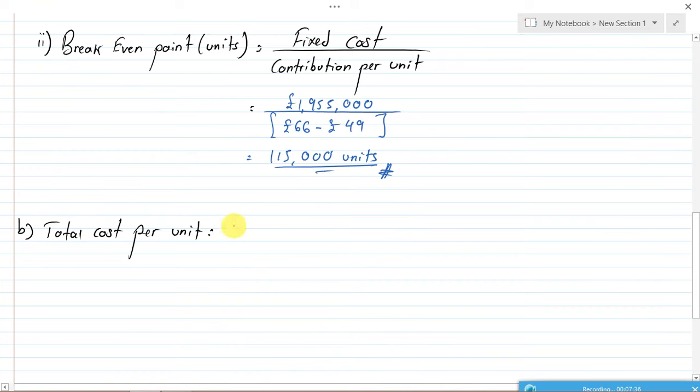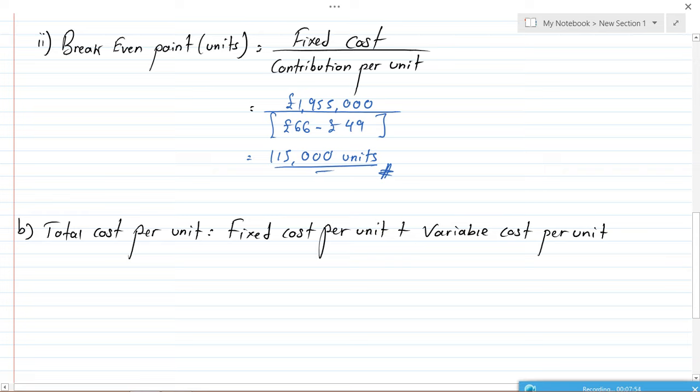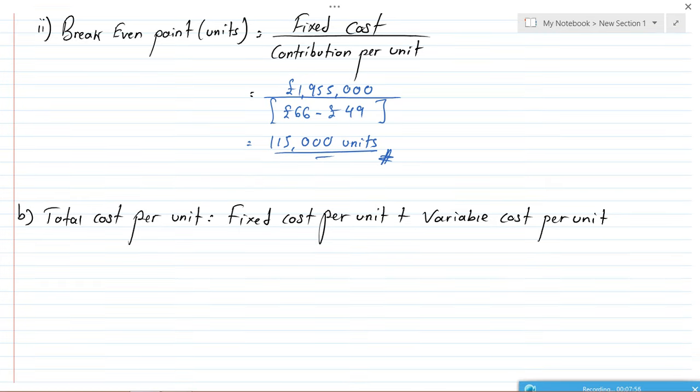Therefore, fixed cost per unit plus the variable cost per unit. Now, this is the formula. Normally, the formula will be total cost equals fixed cost plus variable cost. The one is in total, but now they want it in per unit. So everything is going to be per unit.